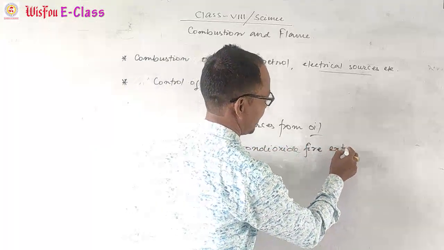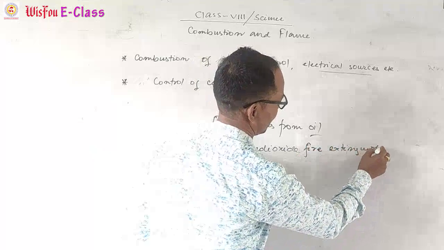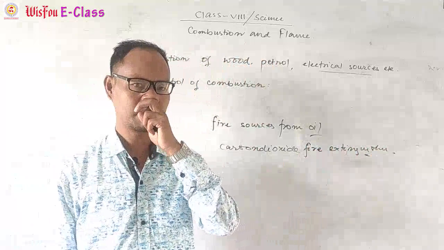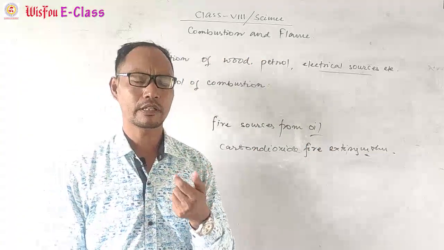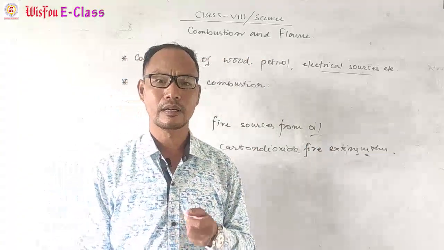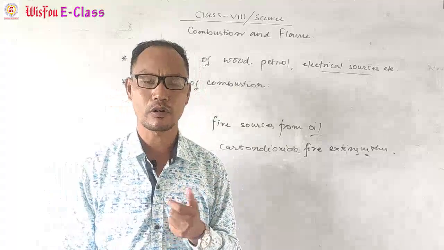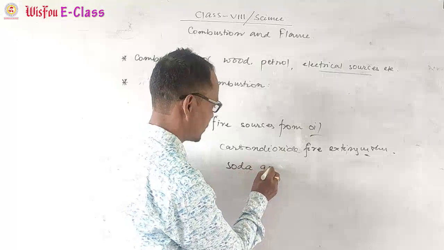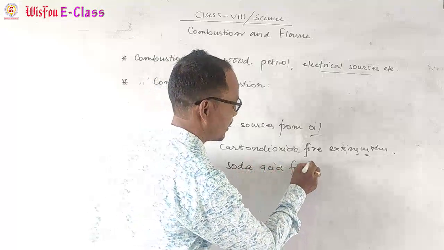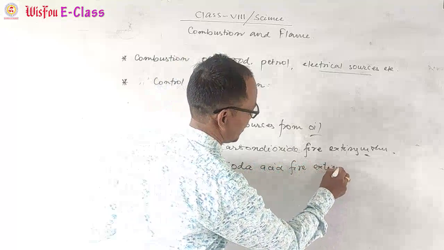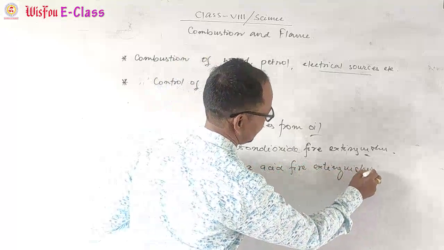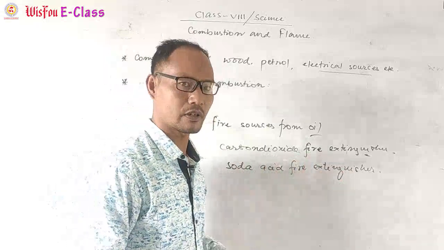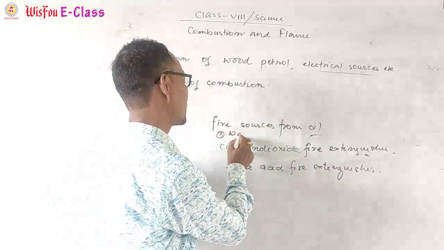fire extinguisher. The carbon dioxide fire extinguisher is the best. There are lots of fire extinguishers out there. Say, soda acid fire extinguisher, solid carbon dioxide fire extinguisher, and normally water.